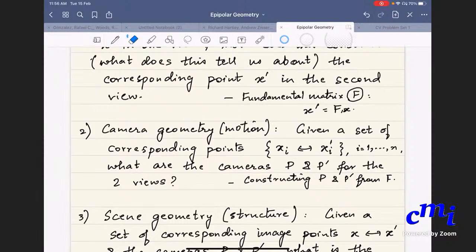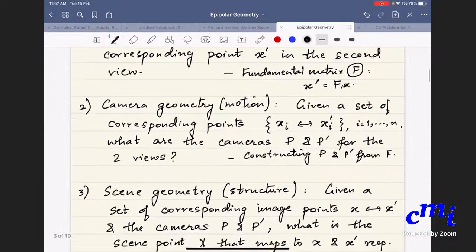Or can you derive from those corresponding points the camera matrices of the two cameras? That will also answer the question of whether one camera has just moved from one place to the other. Once you know the camera matrix, those questions can be answered.